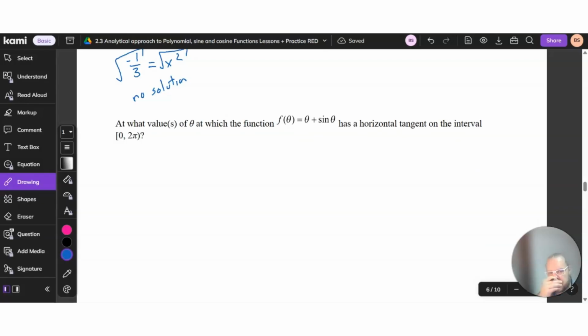All right, so now let's look at the next one and go back to our trig a little bit. At what values of theta does this function have a horizontal tangent on the interval from 0 to 2 pi? So let's first start by finding the derivative there. So f prime of theta is going to be 1, and the derivative of sine was cosine, so 1 plus cosine of theta. Now I want that to be equal to 0 to get that horizontal tangent.